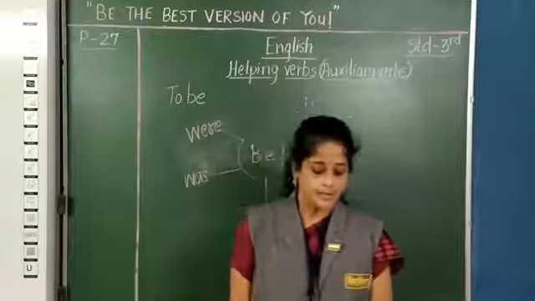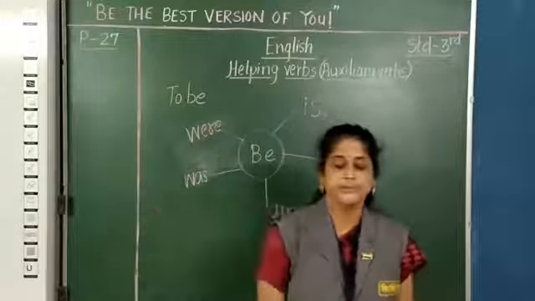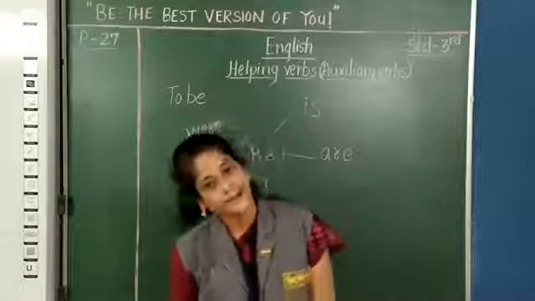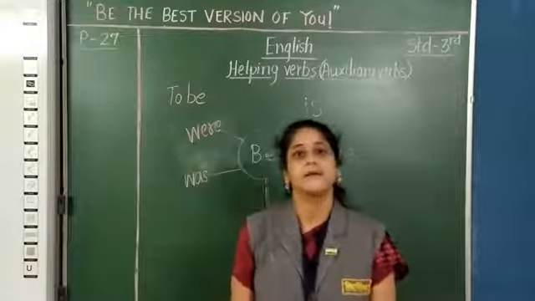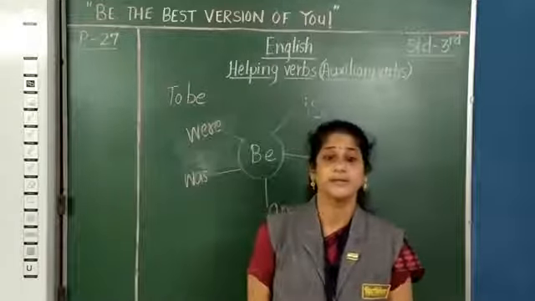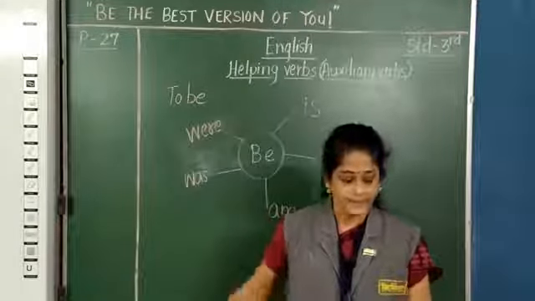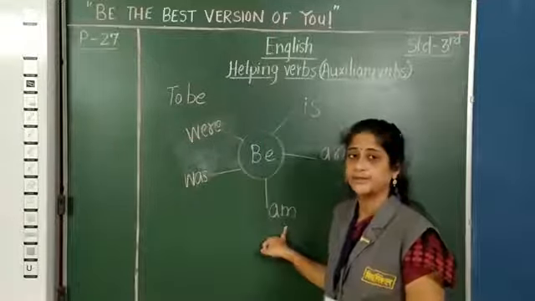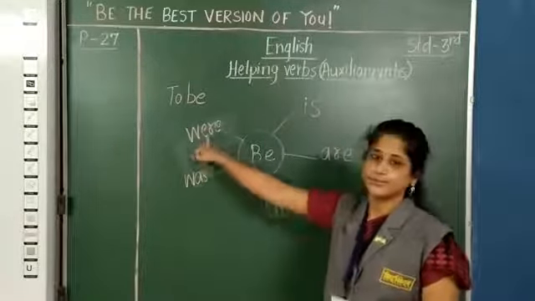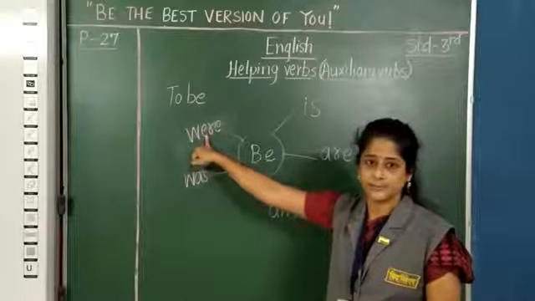Now all the members of this family act as a main verb and a helping verb. Let us see how they act as a main verb and helping verb in sentences. First of all, is, are, am are used in present tense, and was and were are used in past tense. You know that.